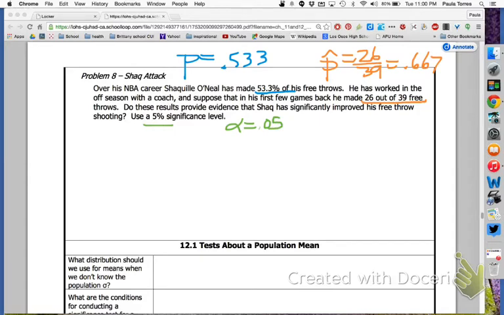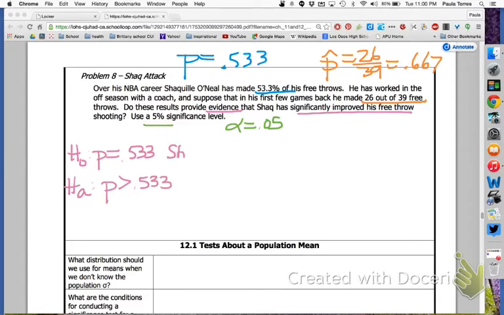So now, if I'm checking to see whether there's evidence that he's significantly improved, that tells me my null hypothesis is no improvement. In other words, he's still shooting at 53.3%, but the alternative is that he's gotten better.